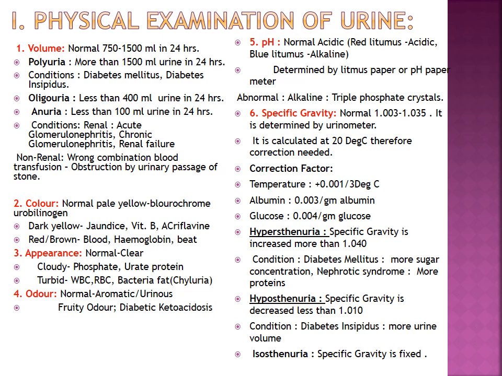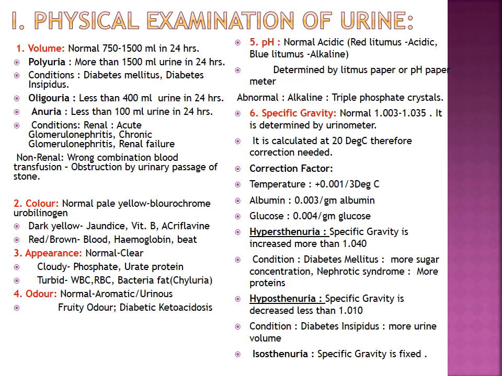Now the second point is color. Normal urine is pale yellow in color because of the urochrome or urobilinogen formation. Dark yellow is abnormal, seen in jaundice or in patients taking vitamin B12 or vitamin B complex medicines. Red or brown is seen because of blood or hemoglobin, or the patient has taken beet, so the color changes.